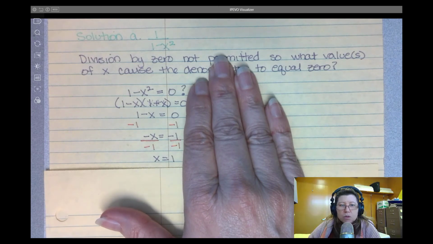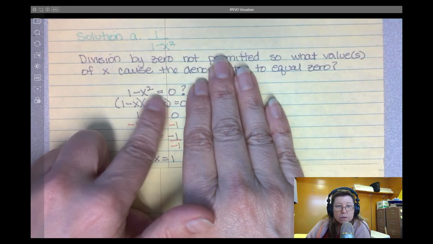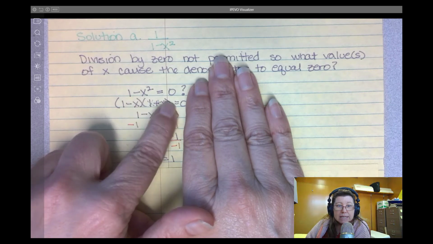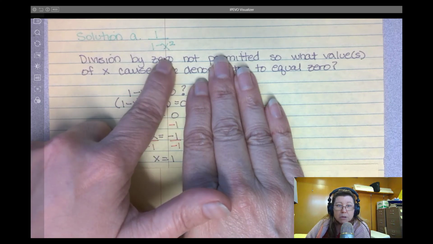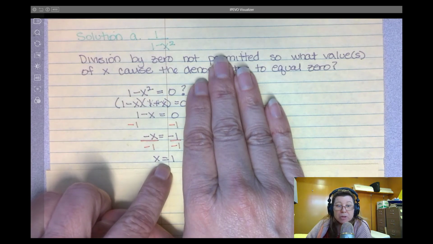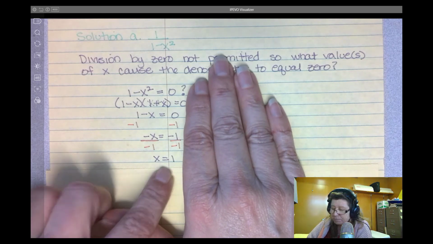So when x equals 1, we get 1 minus 1 squared equals 0. 1 squared is 1, and 1 minus 1 is 0. That causes a problem in the denominator, so we don't want to include 1 in our domain.